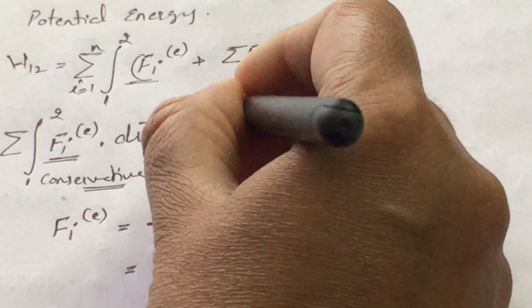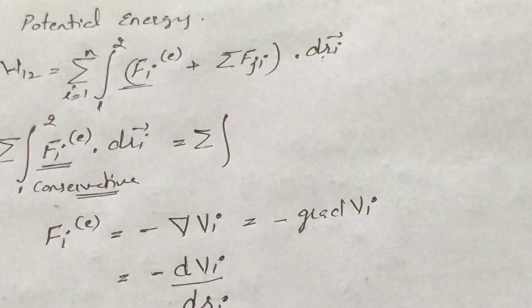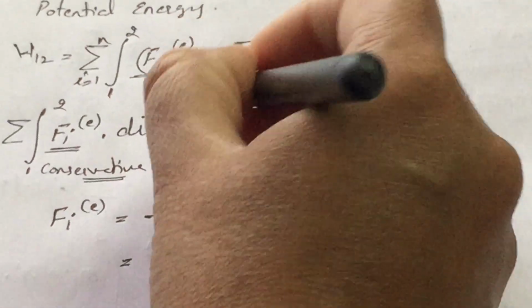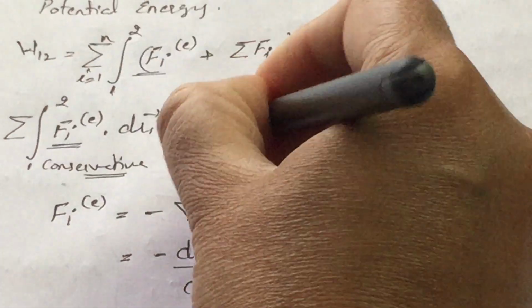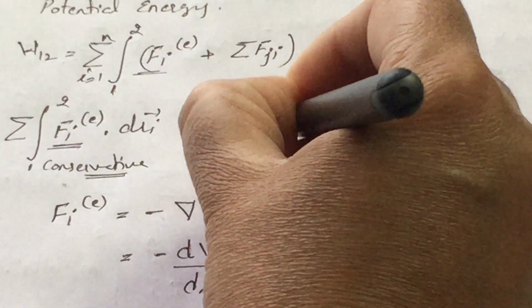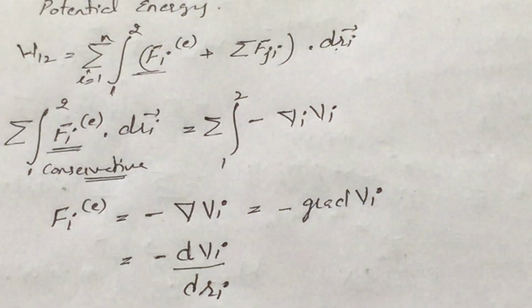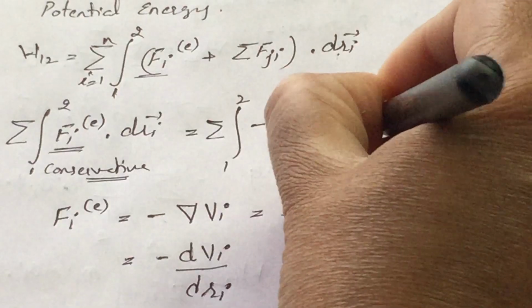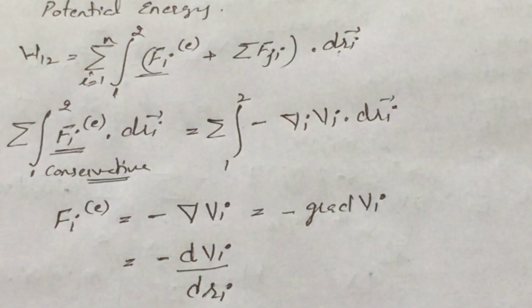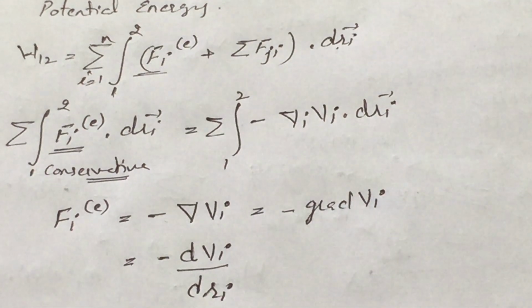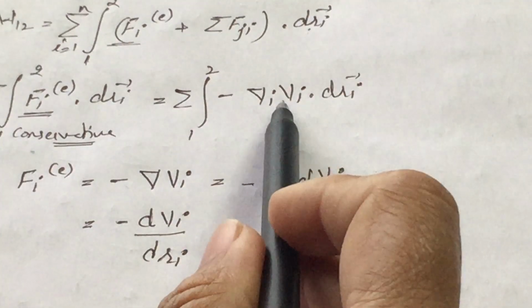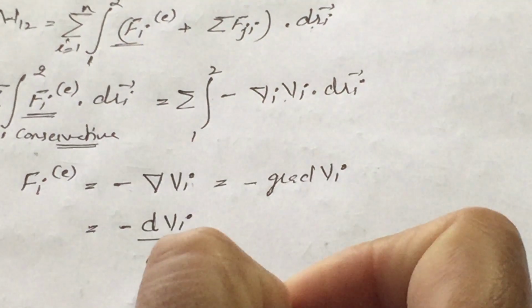We will get summation and integration, both should be taken, minus gradient of Vi and dot with dri. And this is nothing, we are just putting in the value of this gradient.